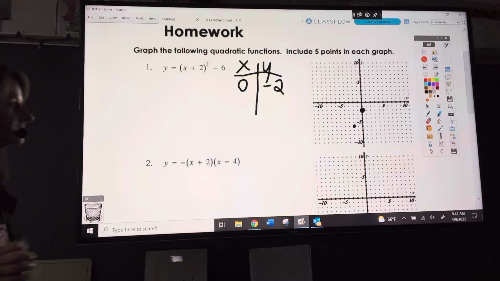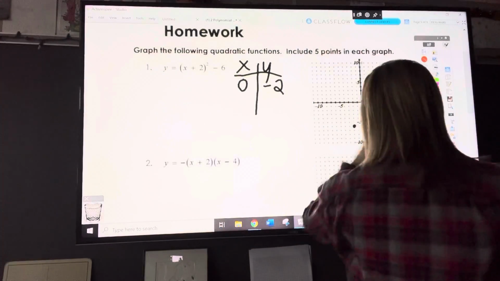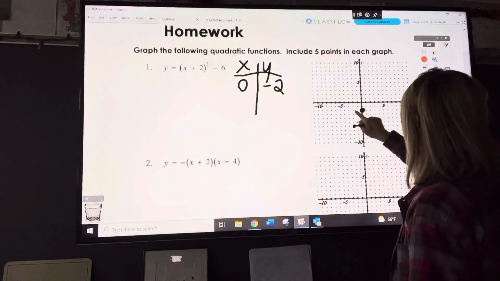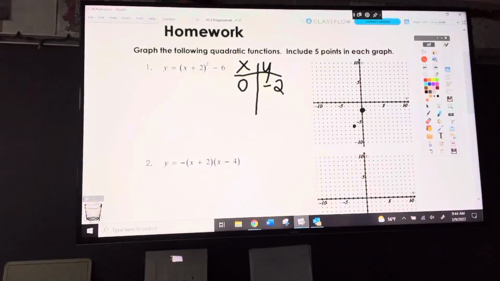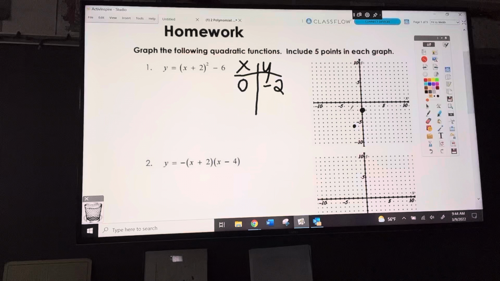That's really all you need, because if I reflect this point, okay, this is 2 over, so I'm going to go 2 over from the other direction and plot a point, and then I'm done. And if you want, you can plot one more point. Like if I were to put in -1, -1 plus 2 is 1 squared. That's nice. That would be -5. So -1, -5.